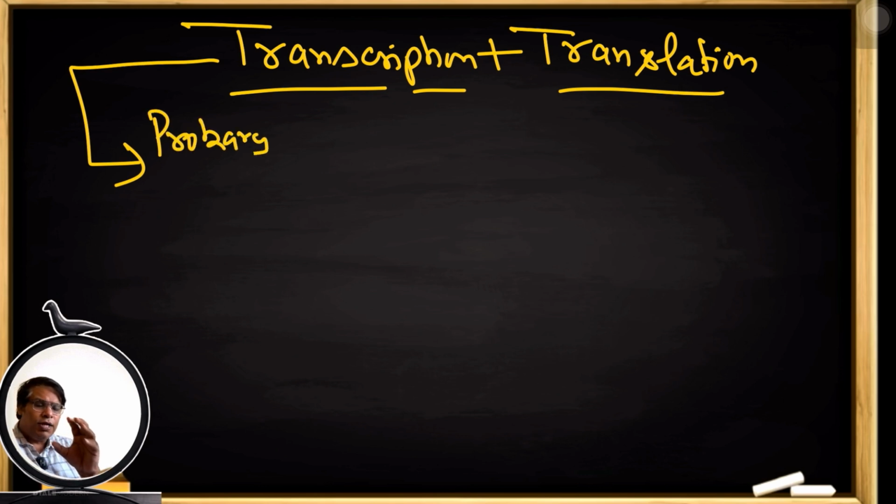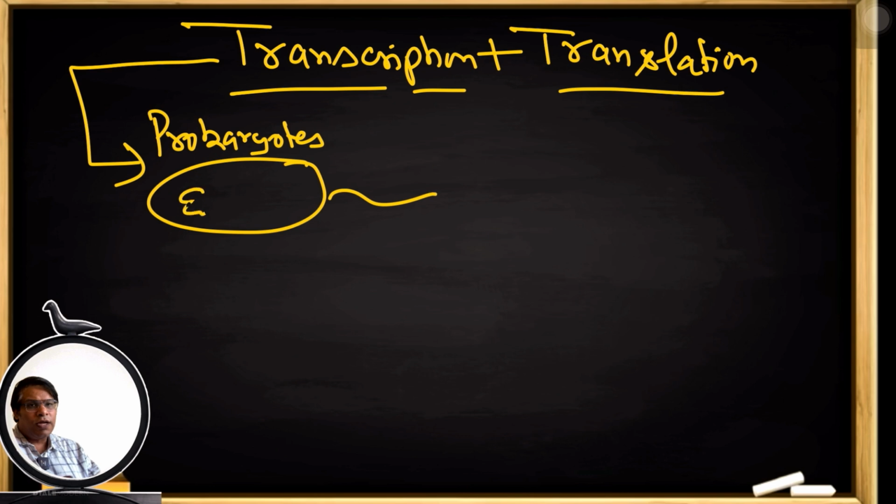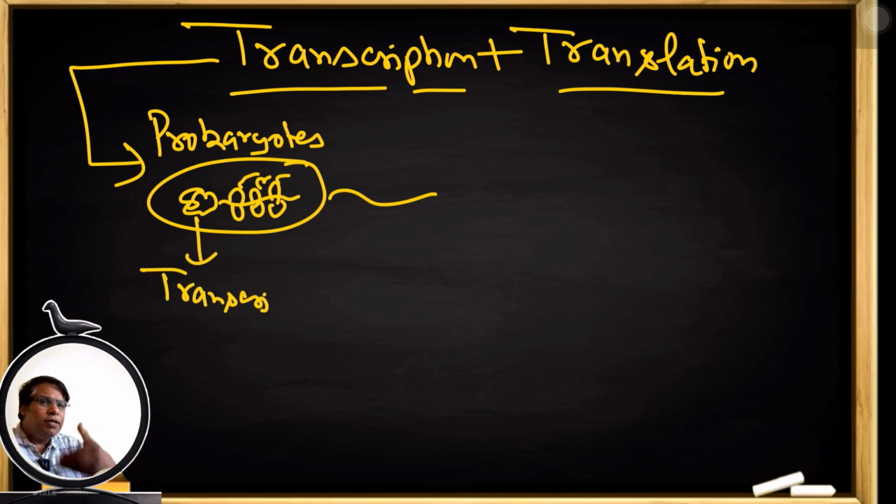Now in the case of prokaryotes, as I have told you, in bacteria you are not going to see a membrane bound nucleus. The DNA is naked and is in direct contact with the cytoplasm. So as this DNA is used as a template, RNA will be synthesized by the transcription process.